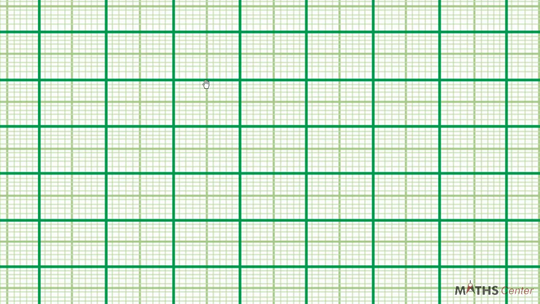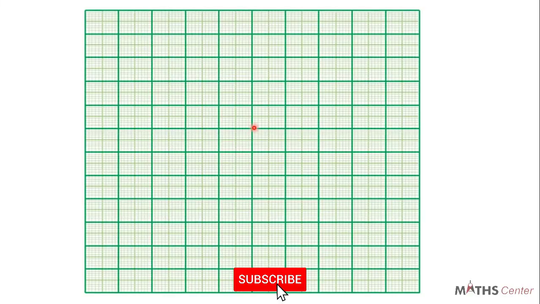In the same way, the distance between this horizontal major grid line and this horizontal major grid line is 2 centimeters. So on our graph sheet, the distance between a major grid line and the next major grid line is 2 centimeters.